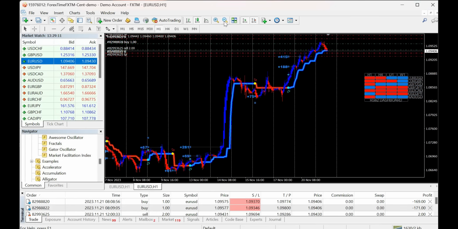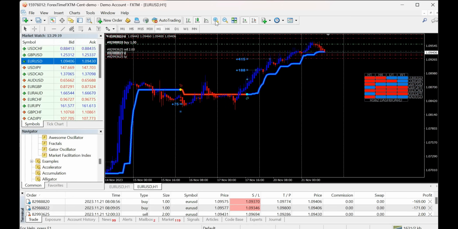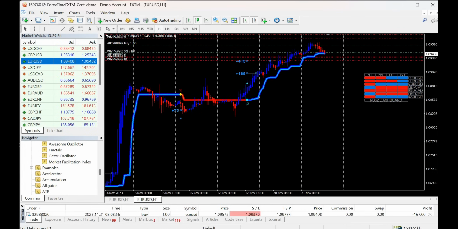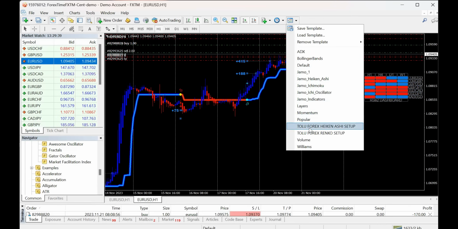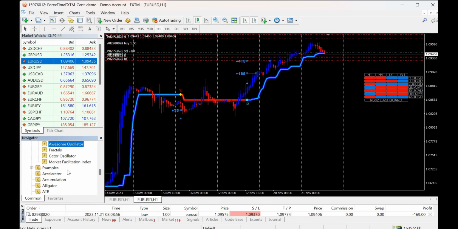Yeah, it looks better this way. Zoom it in once. Yeah, it's better this way so that you can see the candles. All right, so we're good. So you can just keep observing with it. Apply your EMA 200 to this chart. Okay, let me apply. No, this is a template, not an indicator. From here.